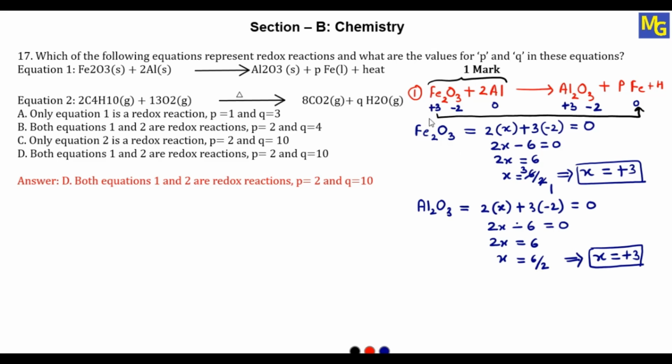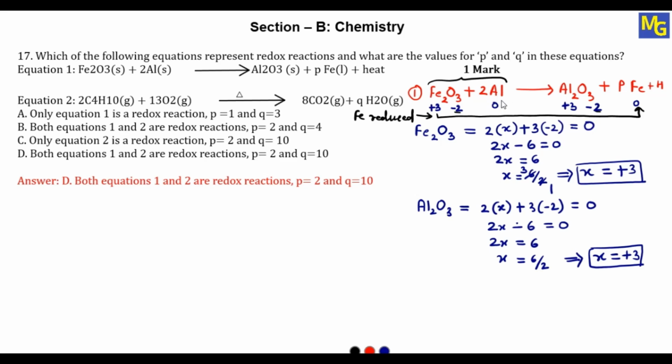What is the meaning of this? Once the oxidation state has decreased, it means iron has been reduced. So here I will write Fe reduced. Now focus on oxygen. Oxygen here is minus 2, and here also minus 2. So there will be no change.